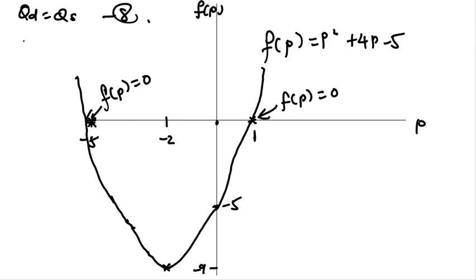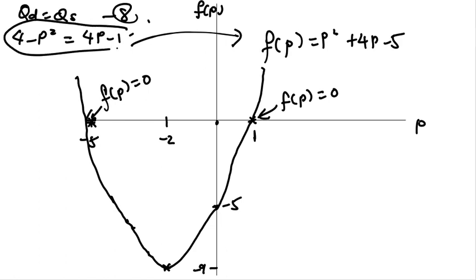Specifically, Qd is 4 minus P squared, and Qs is 4P minus 1. We arrange it in such a way that it leads to this: 4 minus P squared minus 4P minus 1 equals 0, isn't it? If we want to fulfill equilibrium here.